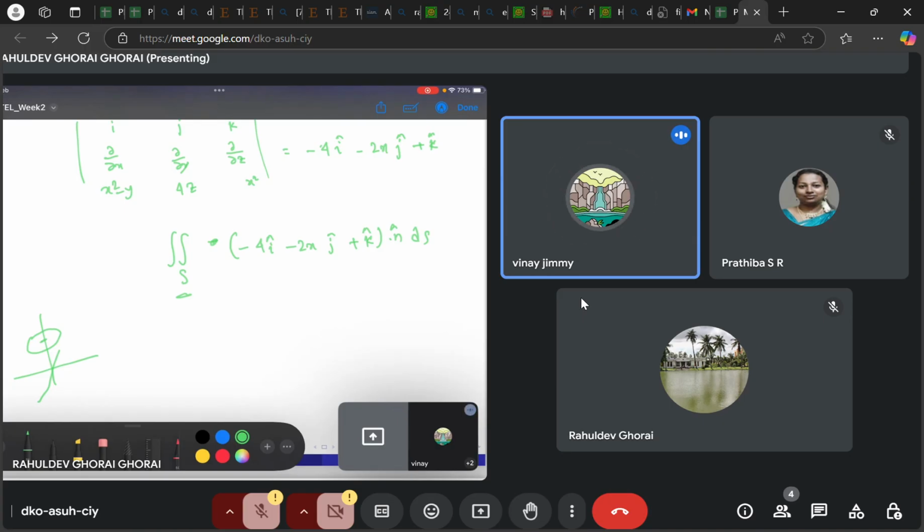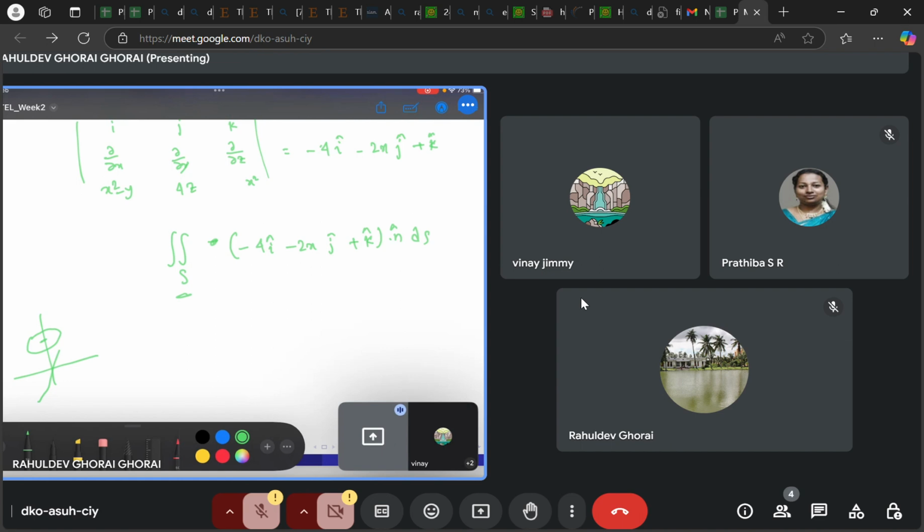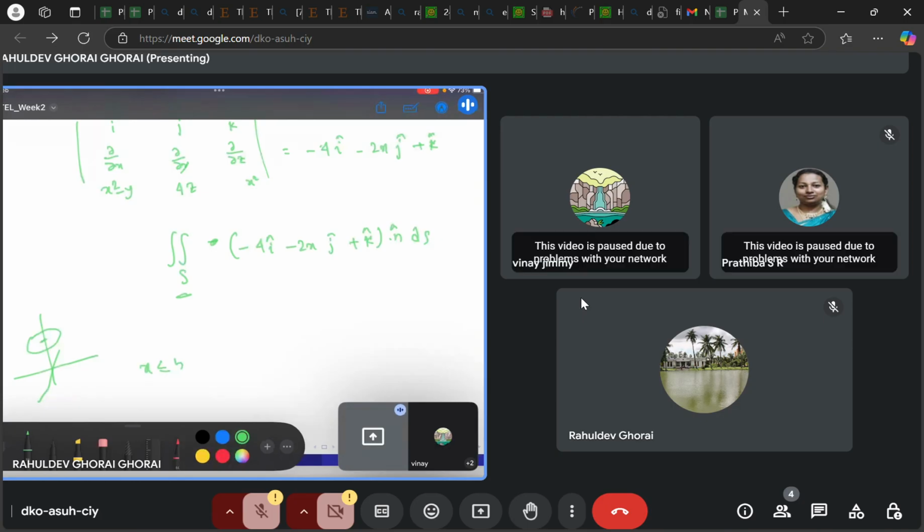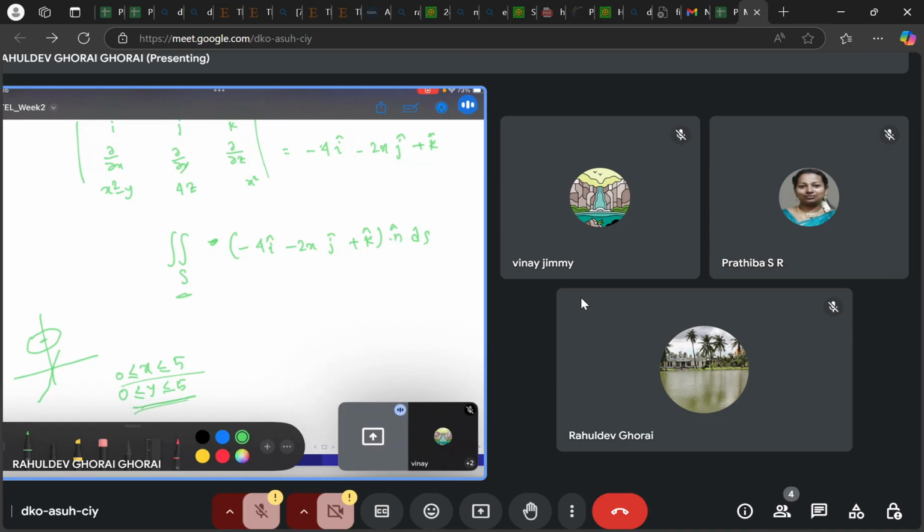See here, x and y maximum: from where to where can they be bounded? It can be at most like this, right? The x and y bounds are already there. x cannot go beyond 5, and y cannot go beyond 5 either. But you cannot use exactly this domain; the maximum value of x is 5 and the maximum value of y is 5.